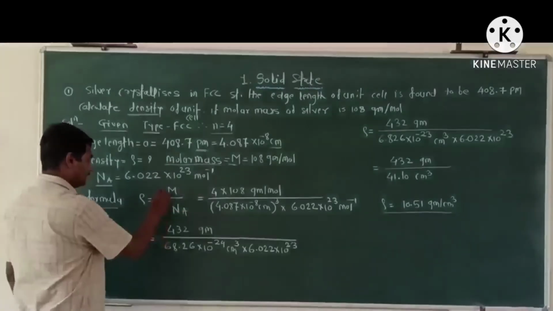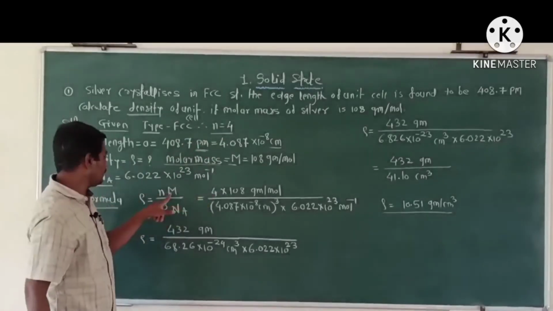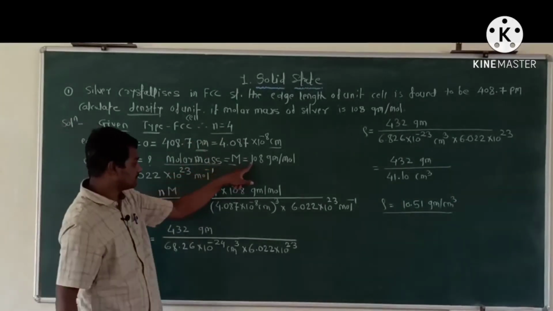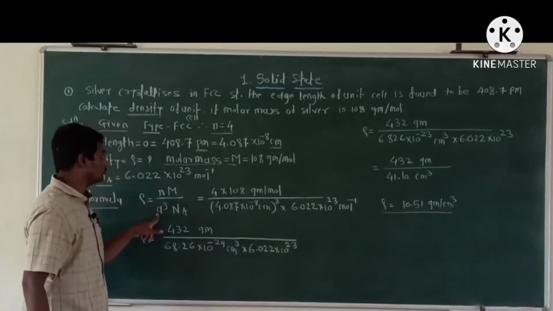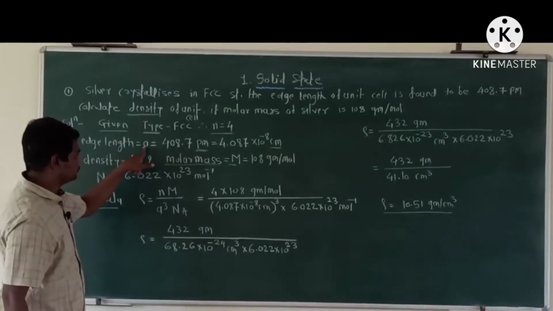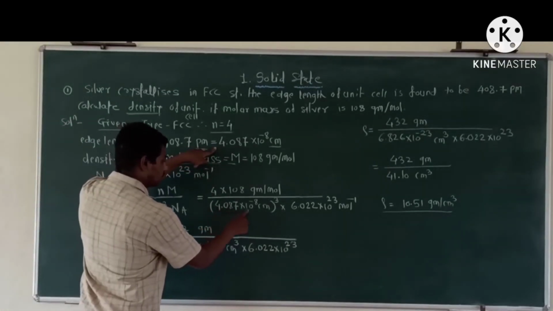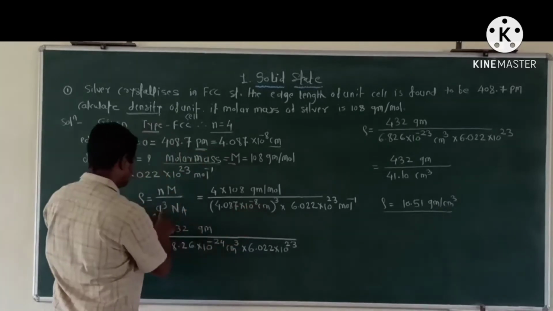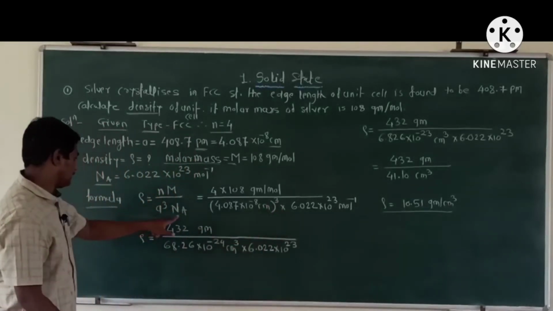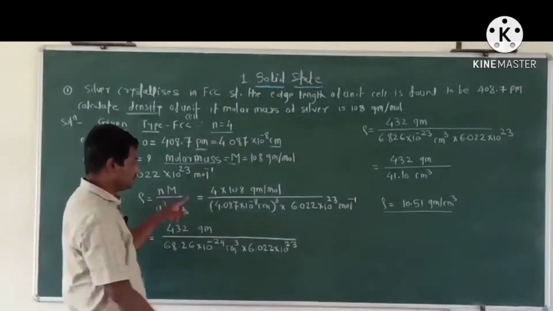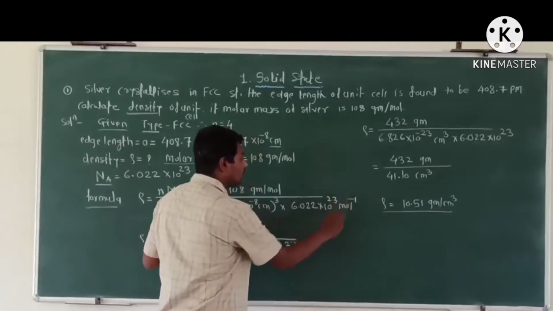Okay, now first n, that is 4, n is equal to 4, into M, molar mass is 108 gram per mole, divided by a cube, length a, that is 4.087 into 10 raised to minus 8 centimeter raised to 3, into Na, that is Avogadro's number, is 6.022 into 10 raised to 23 per mole.